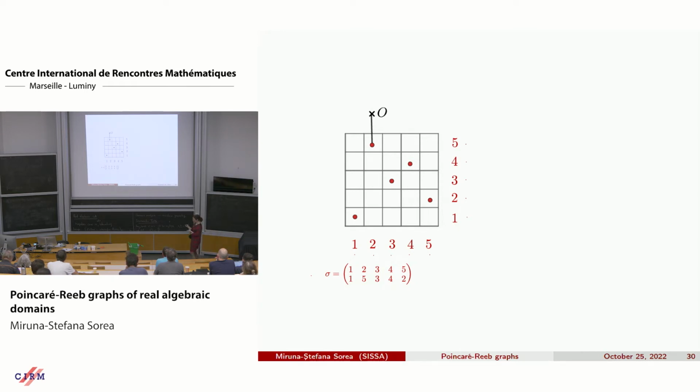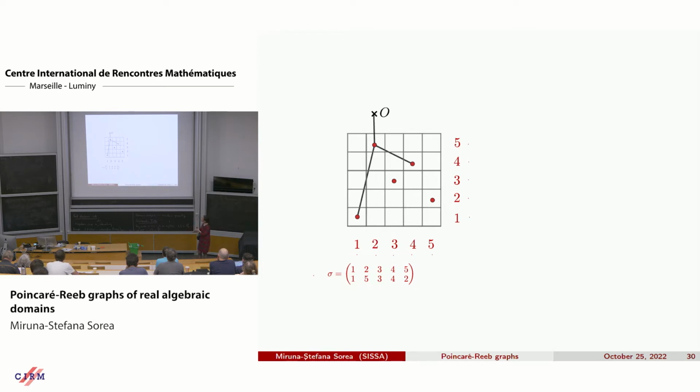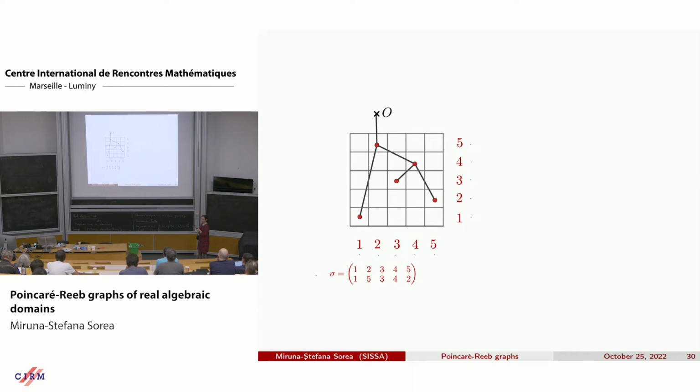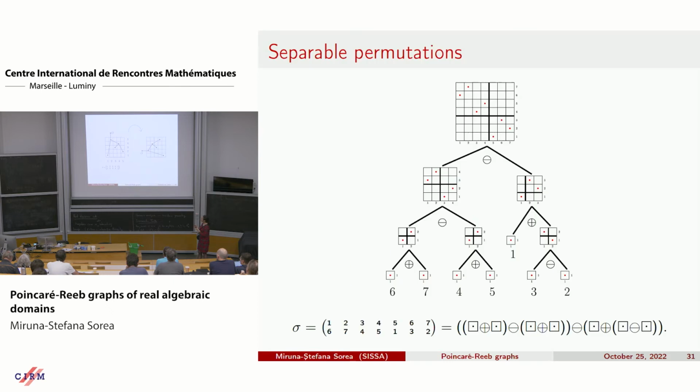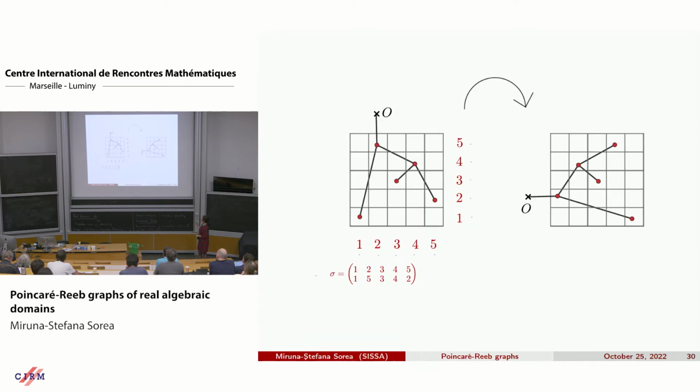Then process recursively: you find the highest vertex and continue decomposing into blocks. And at the end, you get this graph. So the thing to remember here is that to transversal trees, one can associate bijectively snakes.